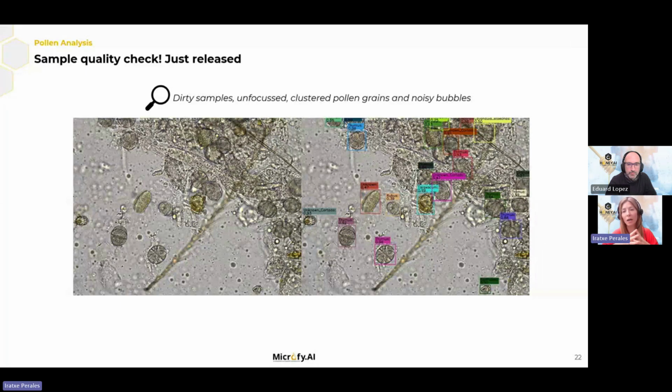This is equipment for a laboratory. So if the sample preparation is not good, if it is too dirty and out of focus, if you have a lot of clustered pollen, if there is a lot of noise, if there are bubbles, if we consider that the sample is not good, then we will tell the user that they have to redo the sample.